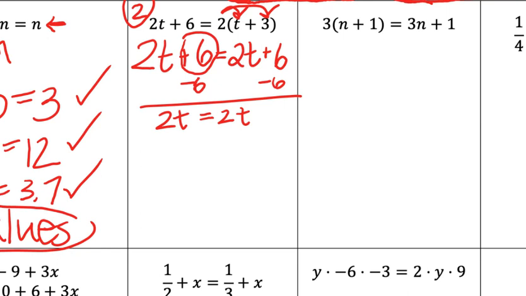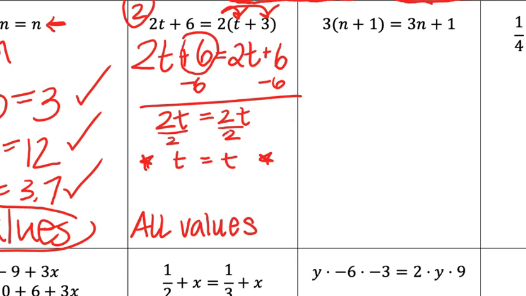I'm going to multiply 2 by a number, and it's going to equal 2 times a number. If we want to go a step further, let's divide each side by 2, because that will get me t equals t. Look at that. That looks just like number 1. So that means this is all values.